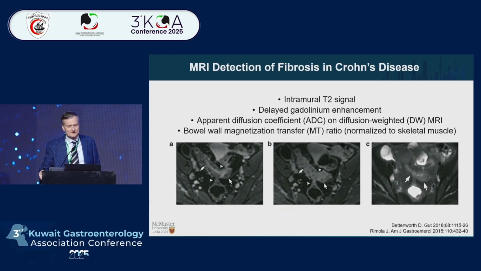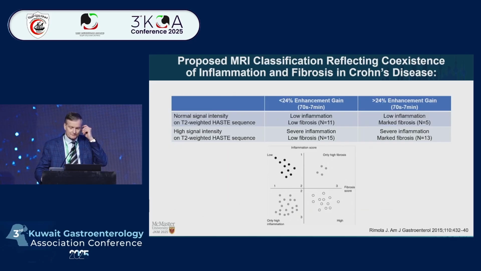I'm not a radiologist, but these are some of the MR criteria that may infer presence of fibrosis in a thickened segment: T2 signaling, delayed gadolinium enhancement, the ADC, apparent diffusion coefficient on diffusion-weighted imaging, and the magnetization transfer ratio as well. All these things by radiologists can be used to infer the presence of fibrosis within a thickened and obstructed segment on MR imaging.